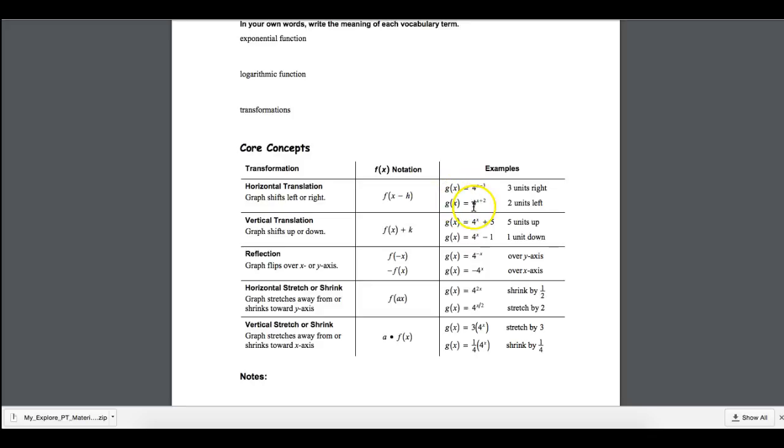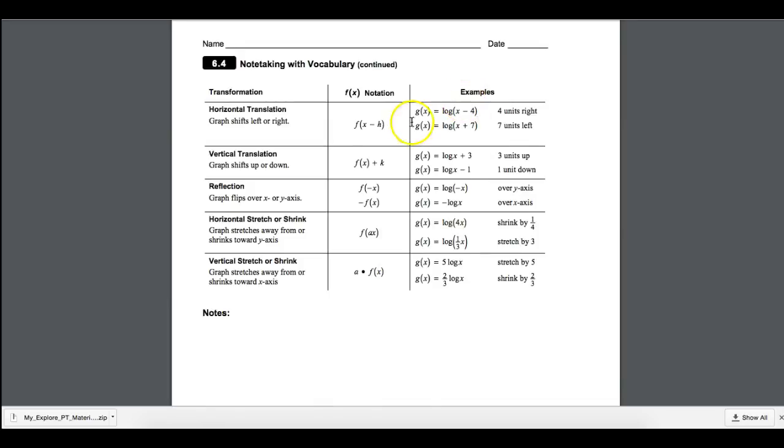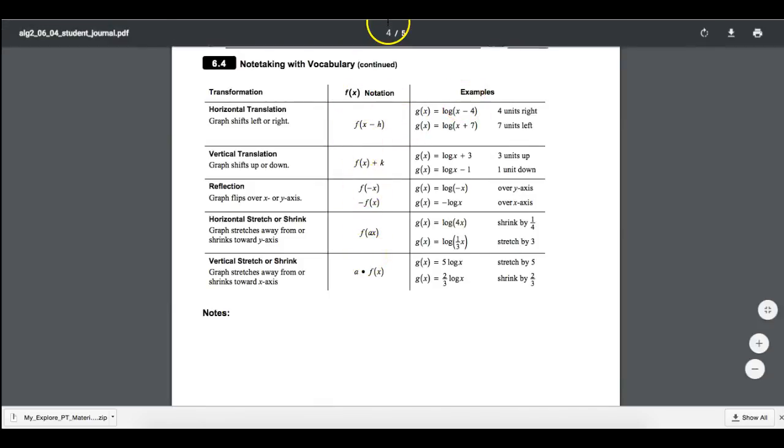So for example, 4 to the x plus 2 power is actually a shift 2 units to the left. 4 to the x minus 3 power is a shift 3 units right. You've got your reflections, same rules apply. You've got your horizontal stretches and shrinks, same rules. Now logs, same exact rules apply here as well. These pages are here for your reference if you need them.